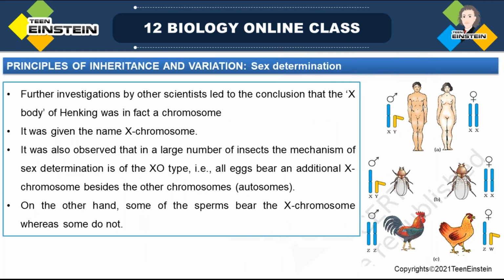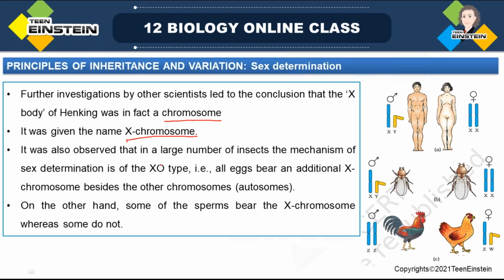So further investigations by other scientists led to the conclusion that the X body of Henking was actually a chromosome. For that particular chromosome, they gave the name X chromosome.